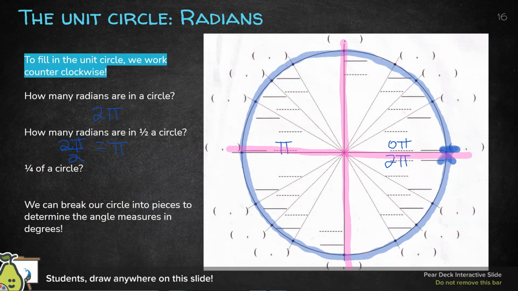How can I determine what a quarter of that circle is? That means I'm going to take pi and divide that guy by 4. So that really just gives me pi over 4 radians. I'm sorry. Excuse me. If half of a circle is pi, half of that gives us pi over 2.